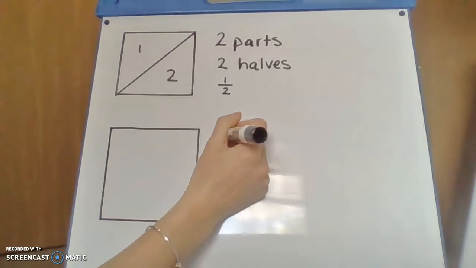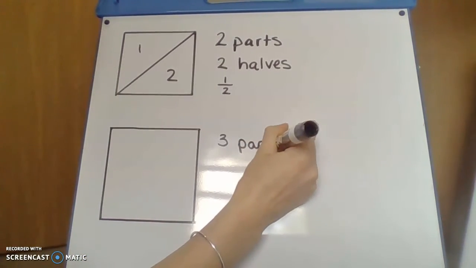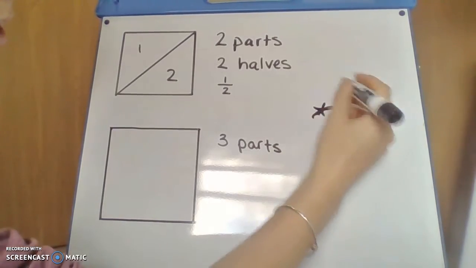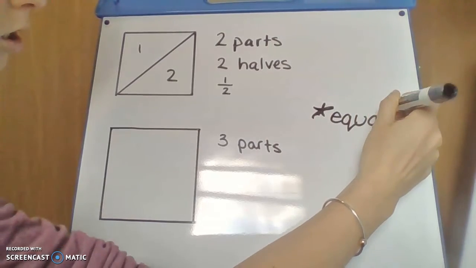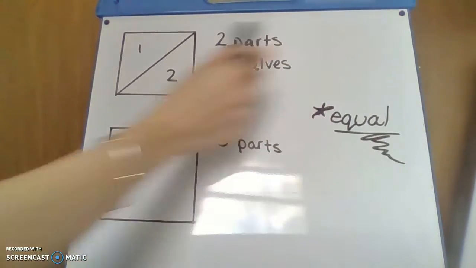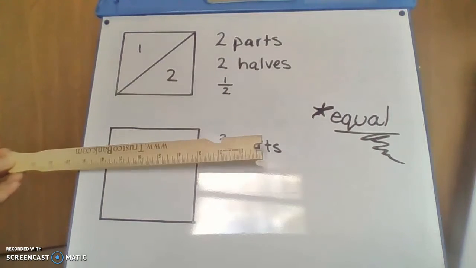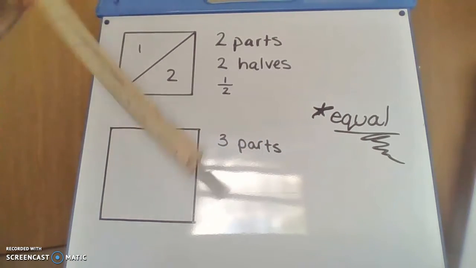So now I'm going to try to split it into 3 parts. Now remember, when you're splitting it into 3 parts, they have to be, even when they're splitting into 2 parts, they have to be equal. Always. So 3 parts. You can choose to split it horizontally or vertically.